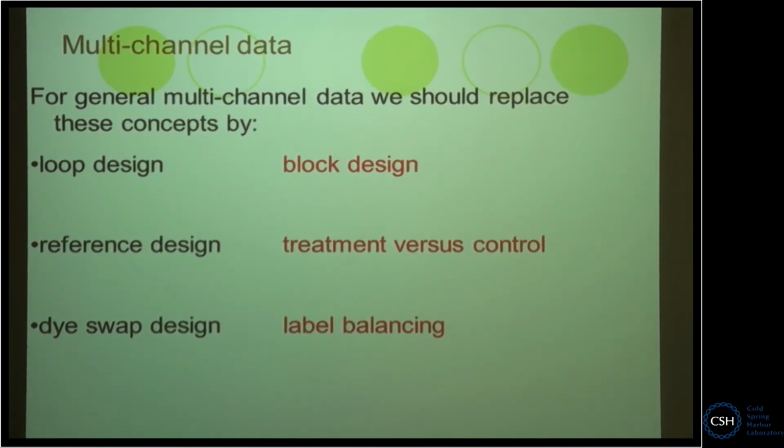So what does label balancing mean? Well, the idea behind dye swap was that if all the tumors were red and all the normals were green, and there was a bias in expression due to the kit or the labeling process that you used for your samples, you wouldn't know that. You would think it was tumor versus normal. The same thing happens when you barcode.